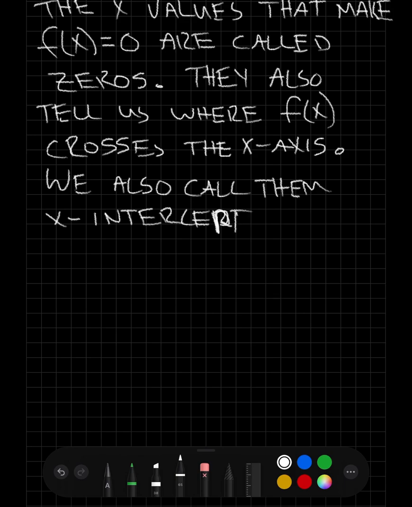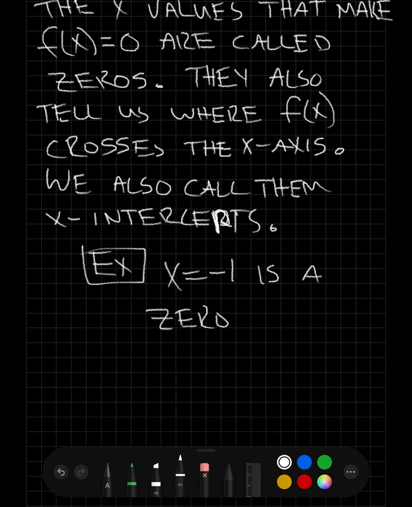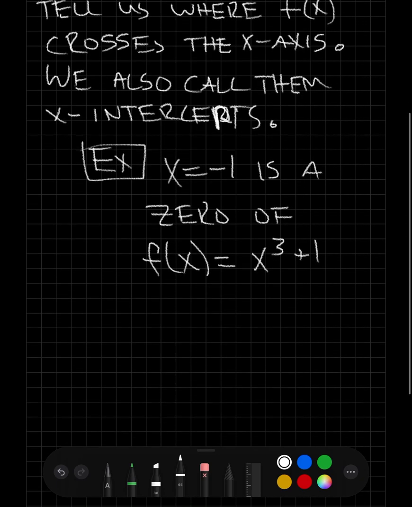Let me give you an example so you can know what we're talking about when we're talking about a zero. So here's a little example for you. I know that x equals -1 is a zero of the function f of x equals x cubed plus 1.